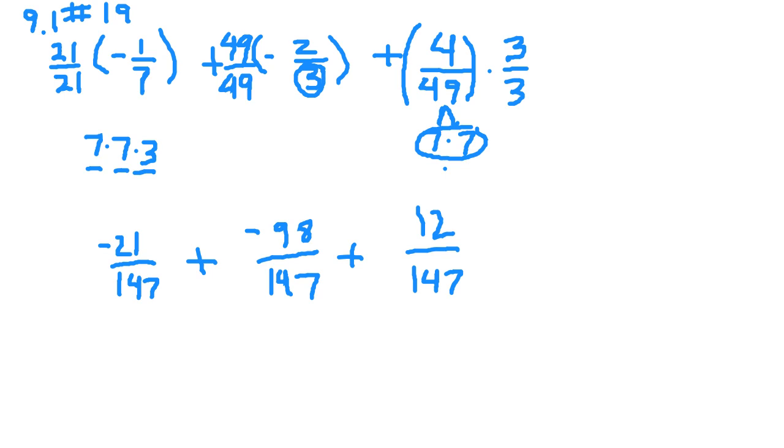Yes, it would be negative 119 because negative plus negative is always more negative. And now we have to add 12 to that, and we keep our denominator when we're adding or subtracting fractions.